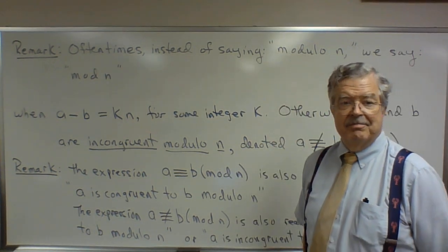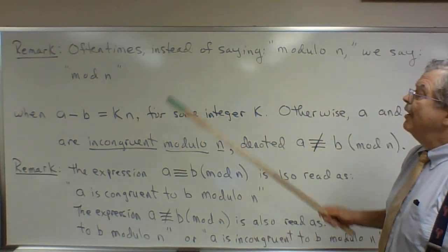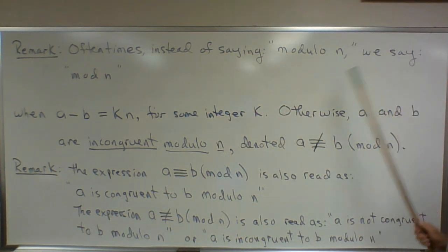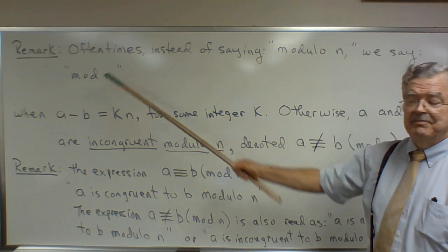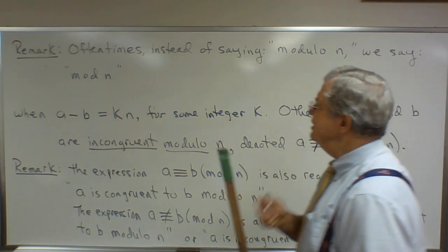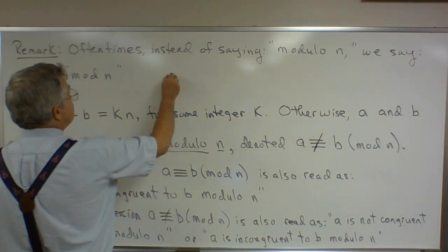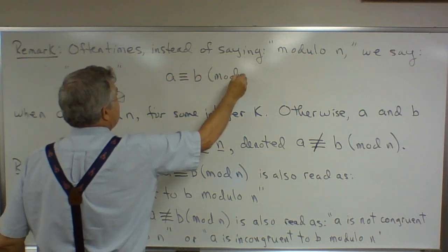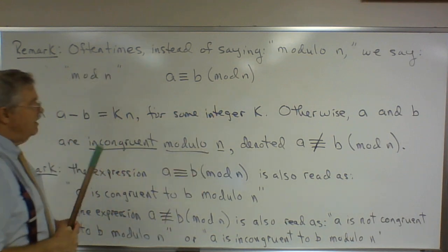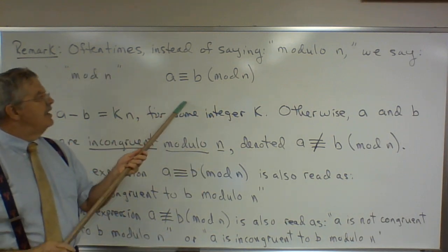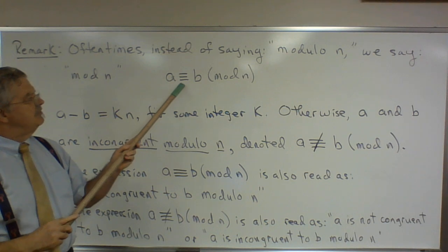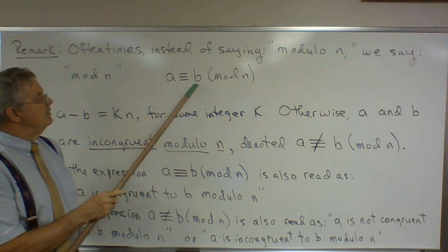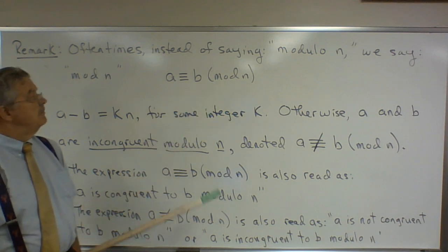As far as the spoken word goes, oftentimes instead of saying modulo n, we say mod n. So if I see something like this, I can say a is congruent to b mod n, or a is congruent to b modulo n, same thing.